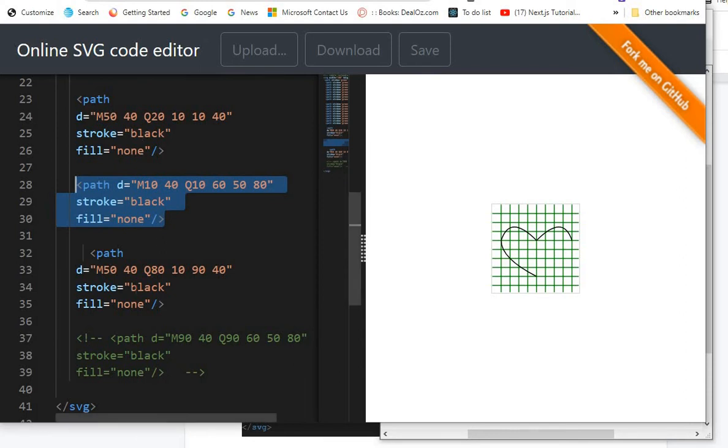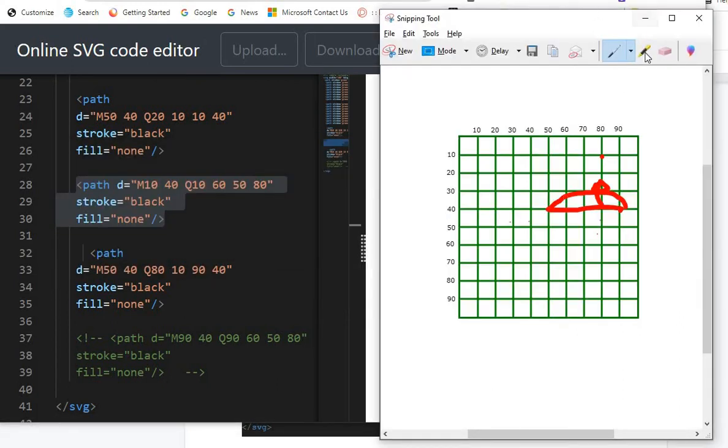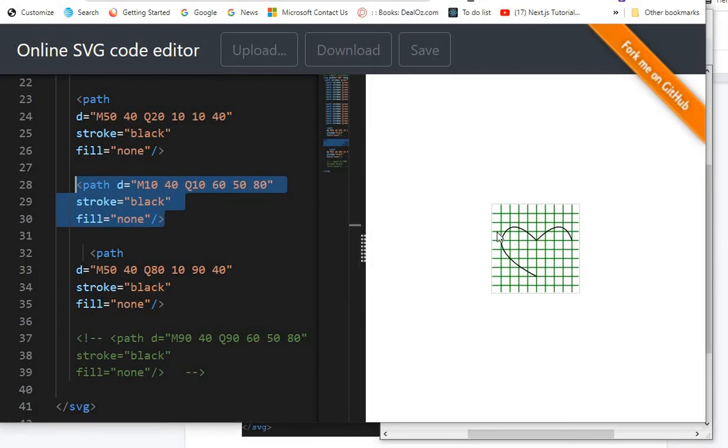This one starts with M10 40, which is at this point, 10 and 40. You can see the ending of the first path, 10 40, and the starting point of the second one is 10 40.